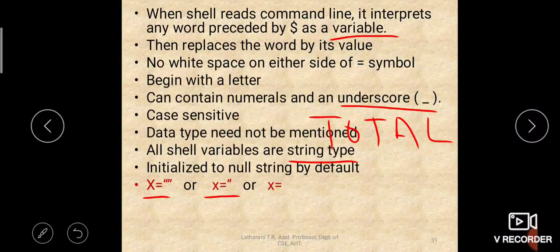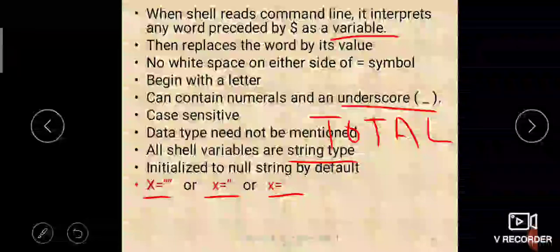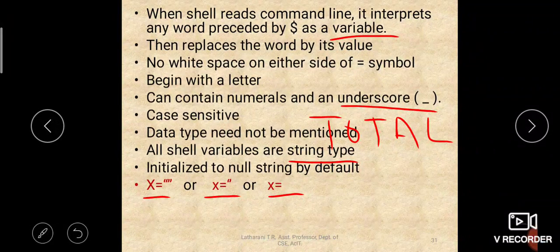Or two single quotes with nothing in between, that is null. Or simply you can say x= blank, that also means x is assigned a null string. But by default when you create a variable, it will be assigned a null string. Later on when you give values, it will act according to the values it holds.